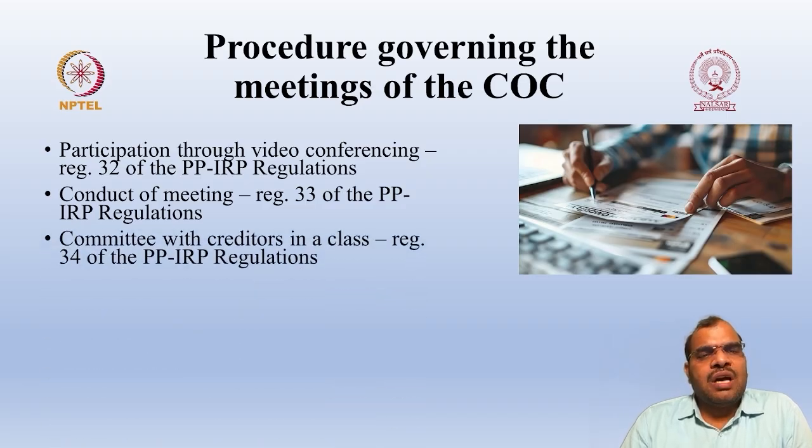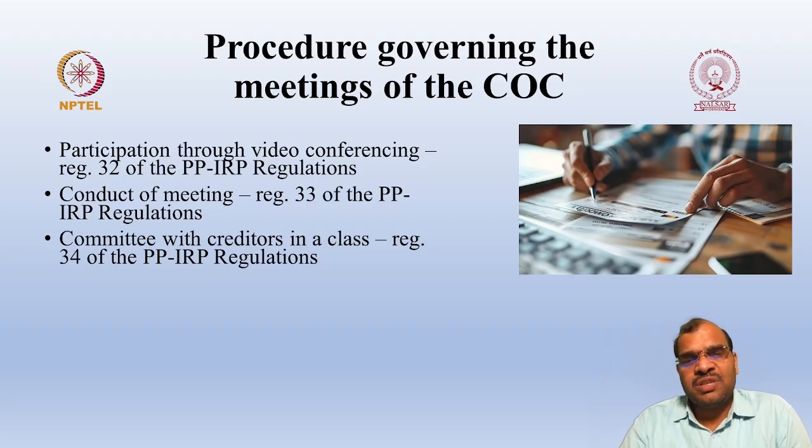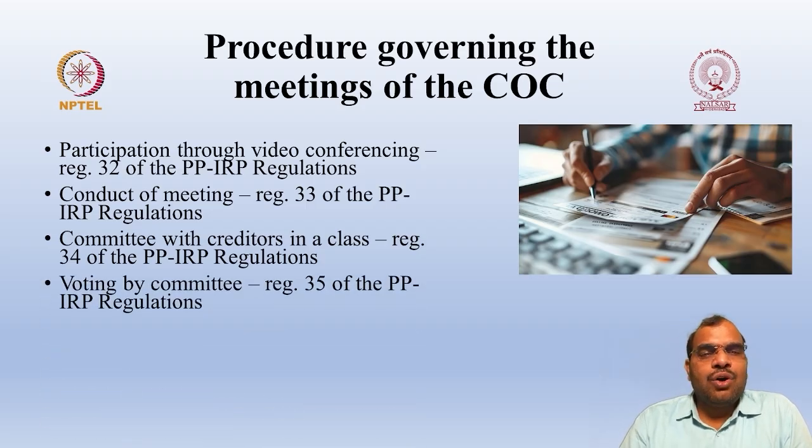Then committee with creditors in class. There is a possibility you can have a committee with creditors in class. In such cases, as already discussed, the creditors in class can be represented through an authorized representative. Creditors in class generally don't have any say directly, they cannot represent directly, so they are expected to be represented by an authorized representative. Then voting by committee. Regulation 35 of the PP-IRP provides the provisions relating to voting by committee.